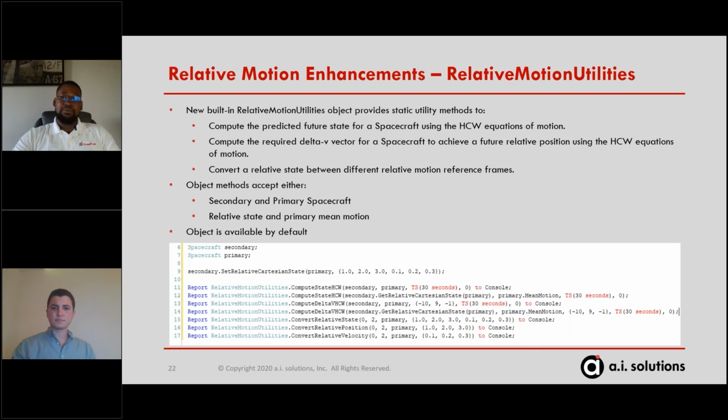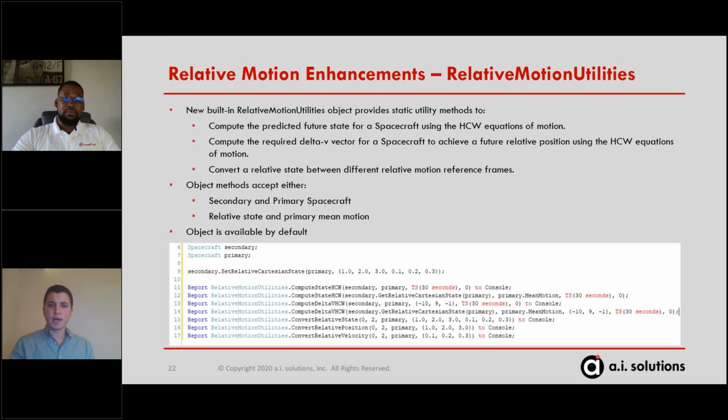Just to note, our HCW propagator does assume that the primary and secondary spacecraft both have the same central body. So if you wanted to use a lunar relative motion orbit, as long as they are both using the Moon, or both using the Earth as a central body while they're around the Moon, there will be no issues.